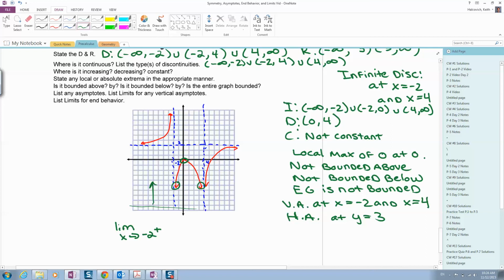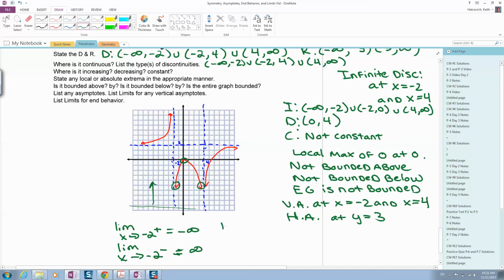So from the right, as it approaches -2, it goes down. So it's going to go to -infinity. So now the limit as x approaches -2 from the left, we come in from the left, it goes up, so it's going to be +infinity.